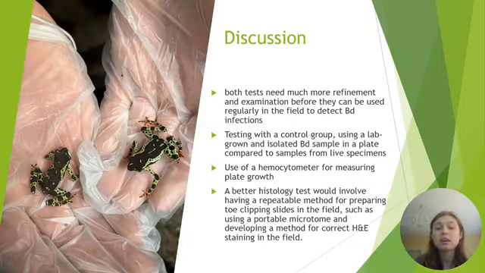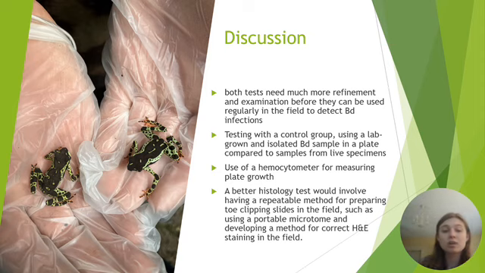As mentioned just before, both tests need much more refinement and examination before they can be used officially to test for chytrid fungus infection in the field. Testing with a control group using a known chytrid fungus strain would be very effective to make sure we hone down on the tests and know exactly what we're looking for and how to diagnose from the tests. Use of a hemocytometer for measuring plate growth would be very important for the culturing test, to be able to see how many zoospores are swimming around in the plate matter.